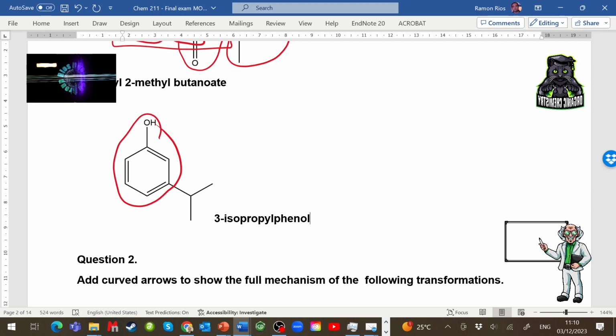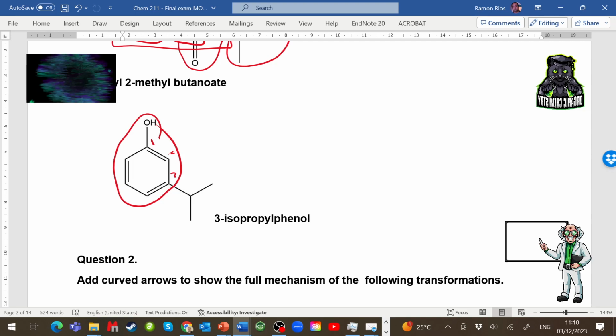Why 3? Remember that if the phenol is the main group, this will be carbon 1, 2, 3. Okay? Or also we can say that it's a meta-isopropyl phenol. Meta instead of 3, we can put meta. Up to you.